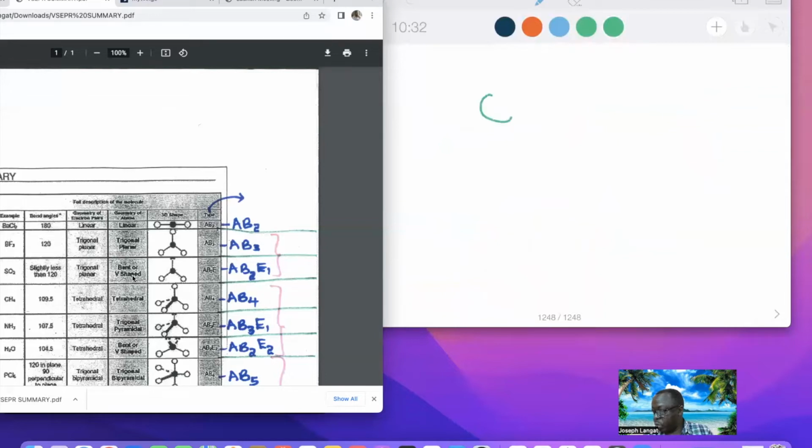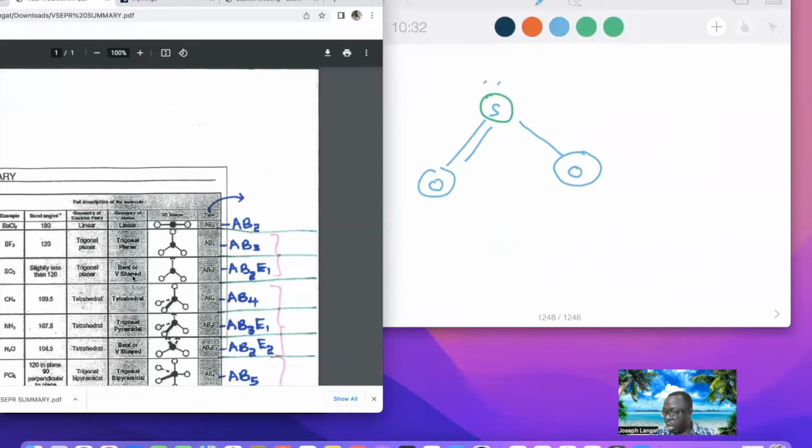So if I was to draw the molecular shape, this is oxygen, and this is sulfur, okay? And indicate the lone pairs for the dot structure.